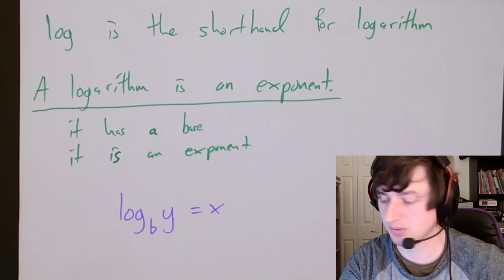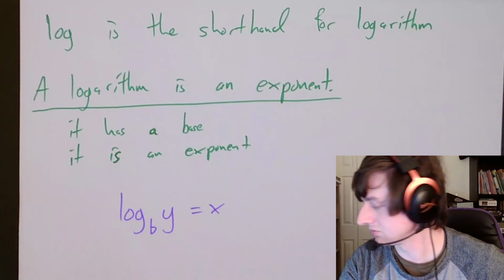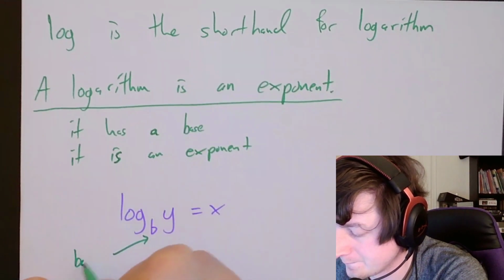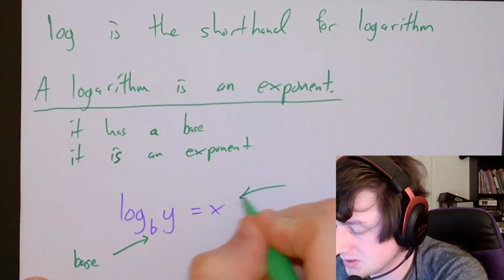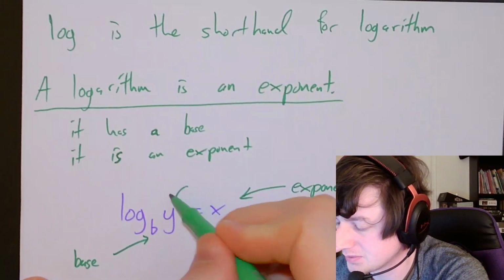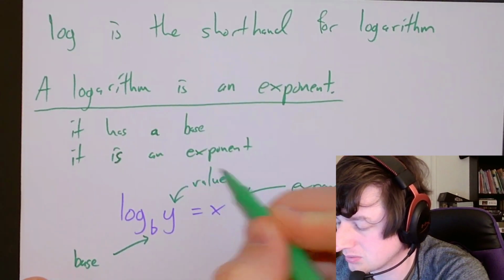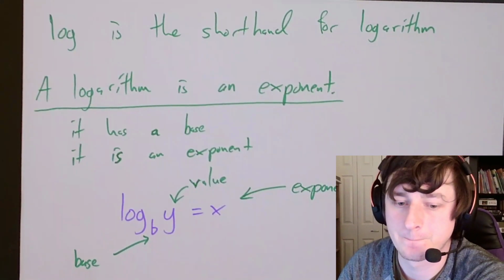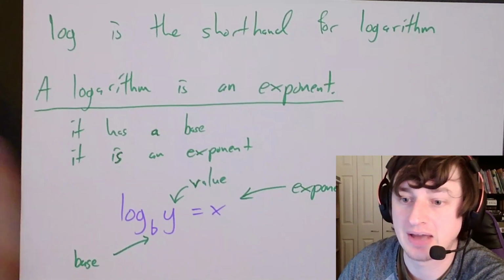So here, the pieces, let me make sure these colors make sense. This is the base. This is the exponent. And this is the value. I don't think there's a specific name for this piece, but it's the value of the exponent.